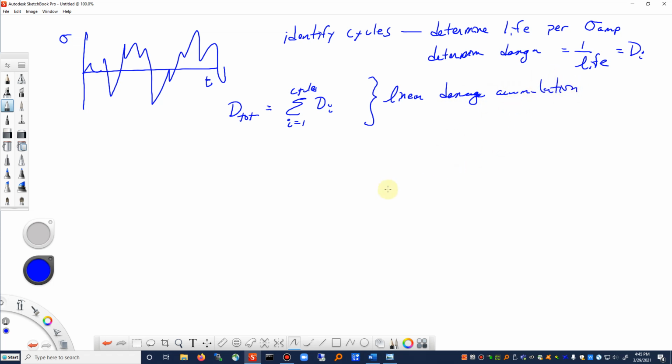And this is really standard in fatigue analysis. Almost everybody in every fatigue analysis program does linear damage accumulation. Let's think about it a little bit though. Does that really make sense? Does the first cycle do just as much damage as the last cycle when you've got a crack that's almost going to break the specimen?